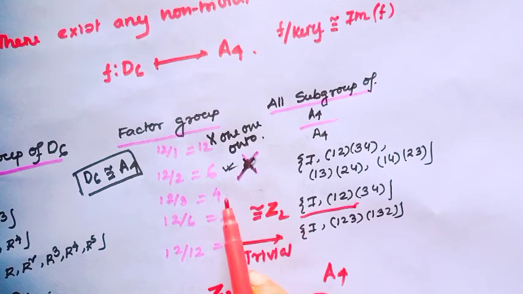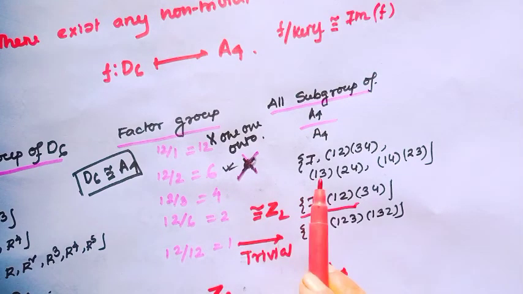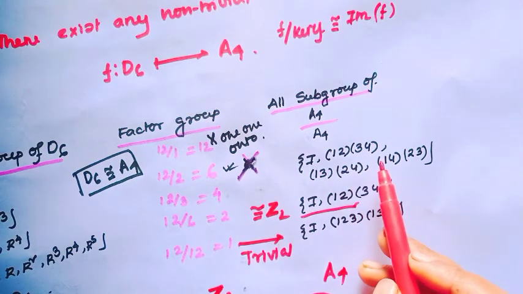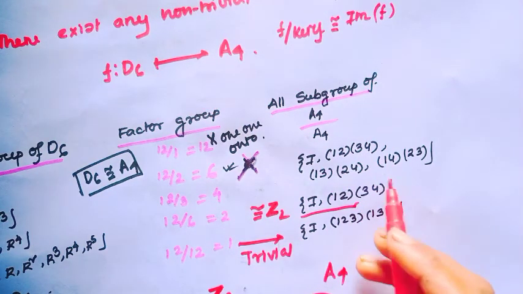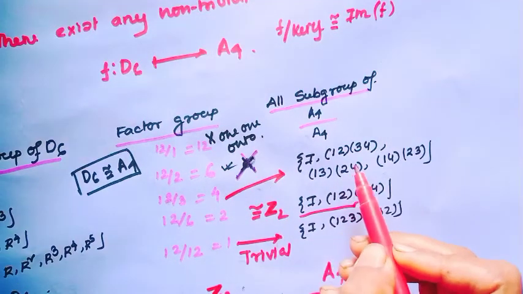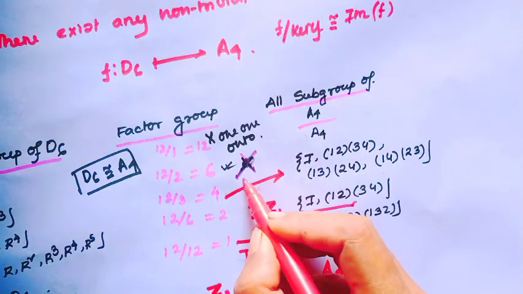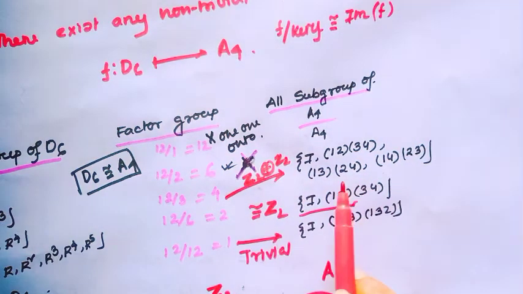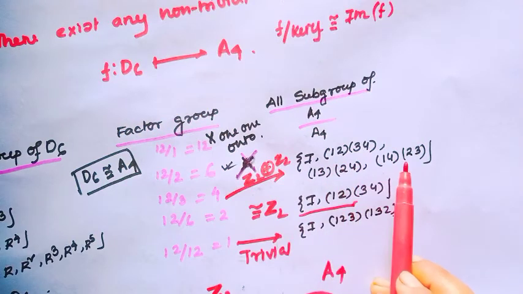Let's see this factor group. Since the order of the factor group is 4, and in A4 only this subgroup is of order 4. Are you getting? Okay.